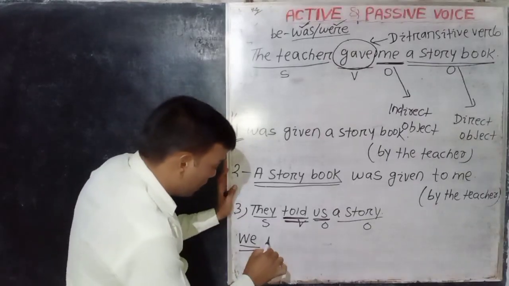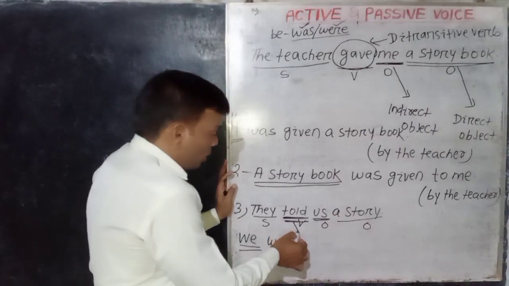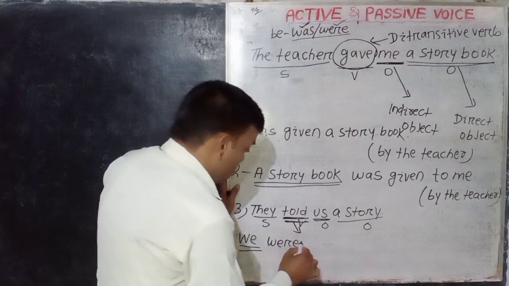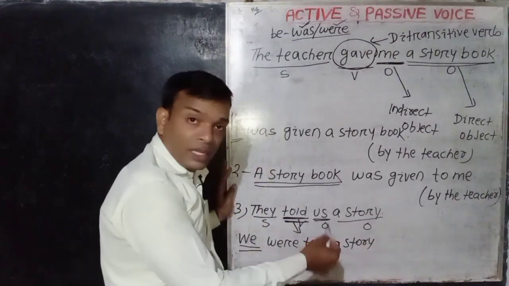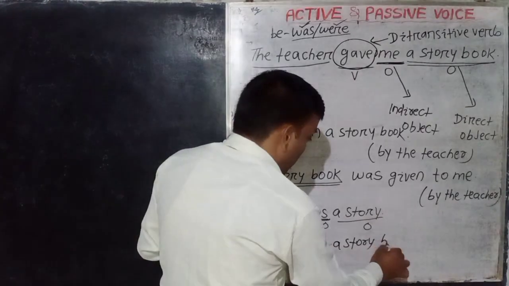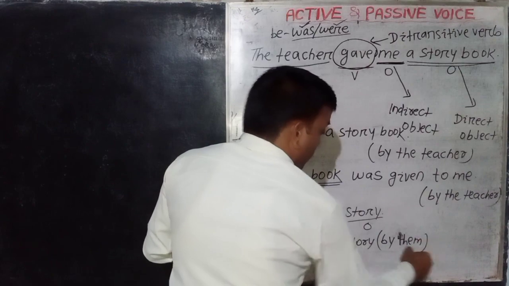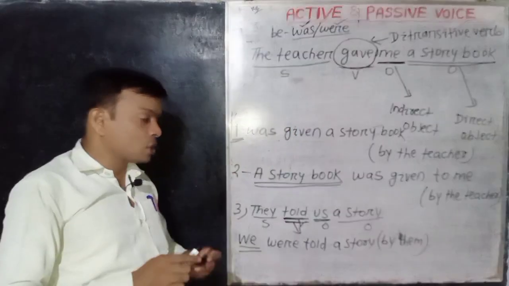Clear? So we were. Then write the third form or V3 of this verb, tell, told, told. Okay, we were told. Then write the direct object, a story, then by plus your agent, they, that is called them. So we were told a story by them.